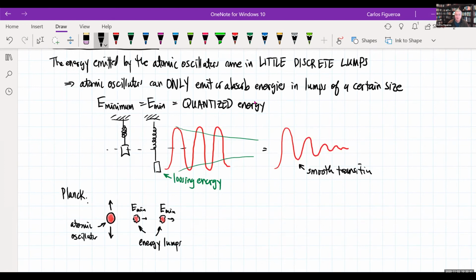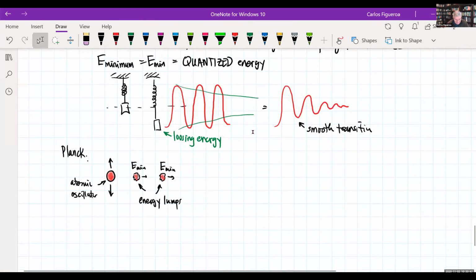Now, I don't know how you imagine this, but that's exactly what he's saying here. So he's saying that all oscillators have this minimum amount of energy that they can emit. So this tells us that this is the minimum that can be emitted.